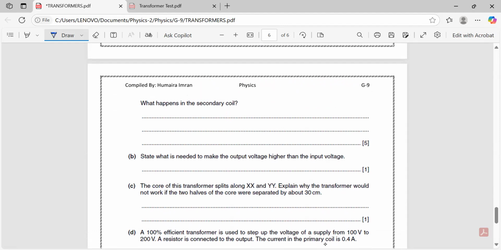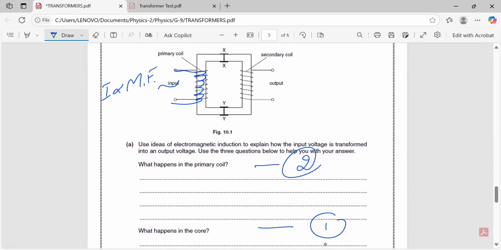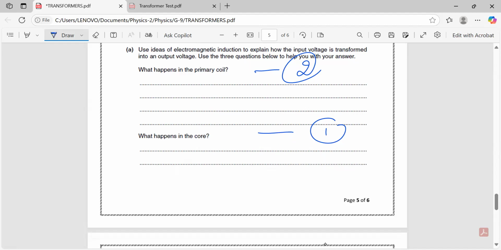What happens in the secondary coil now? Like in the secondary coil here, what's going on? These magnetic field lines are going to cut the secondary coil and EMF is induced here. This is what is happening in the secondary coil, right?